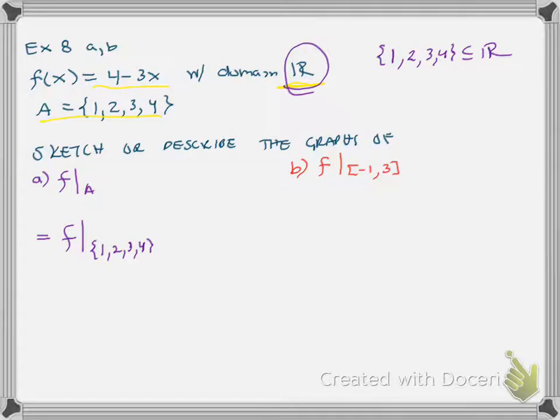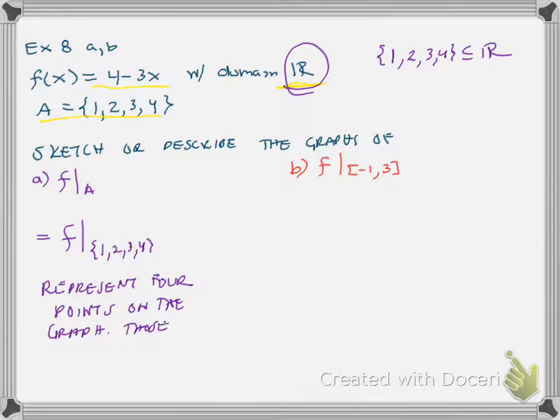And so what would that look like graphically? It would just be points, right? You couldn't connect them or anything because they're discrete points. So we can say this would represent 4 points on the graph. Well, what 4 points?